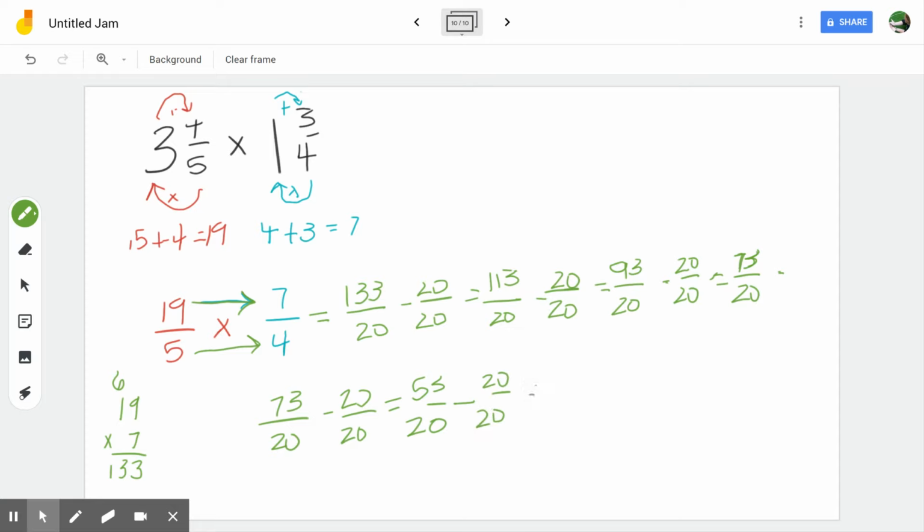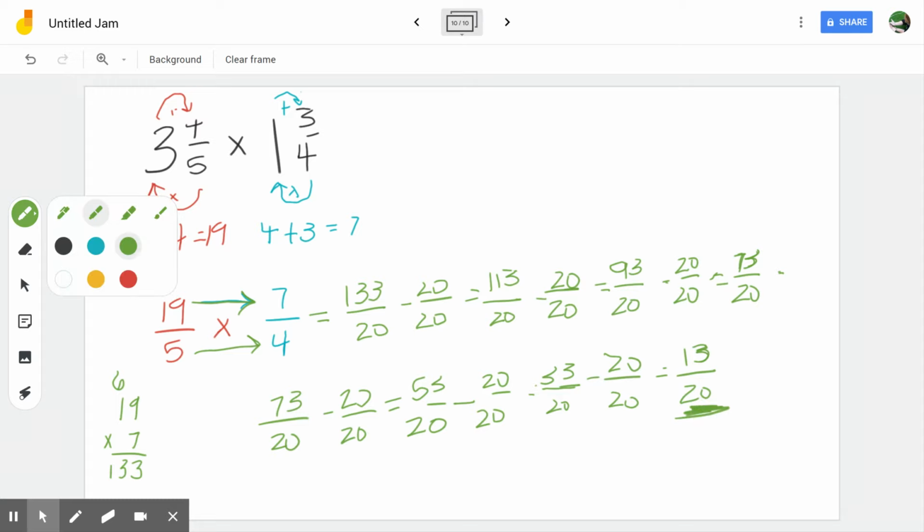That gives me 33/20ths. And then I can subtract another whole of 20/20ths. And I finally now get to 13/20ths. I finally have a regular fraction.